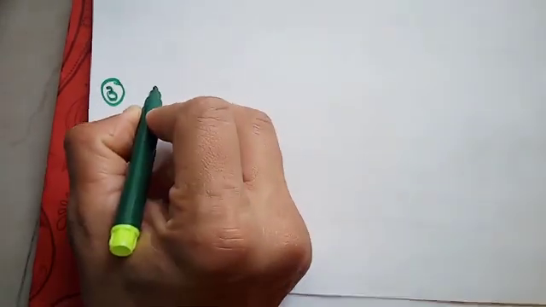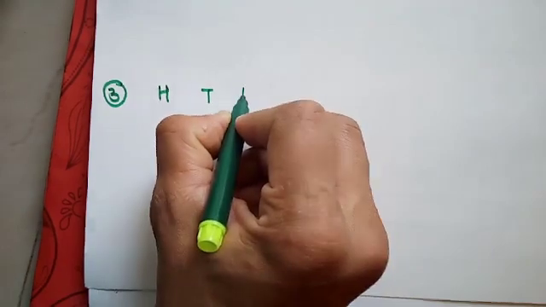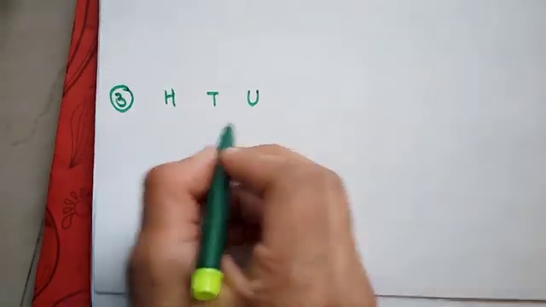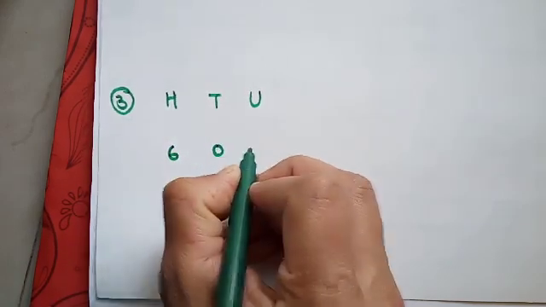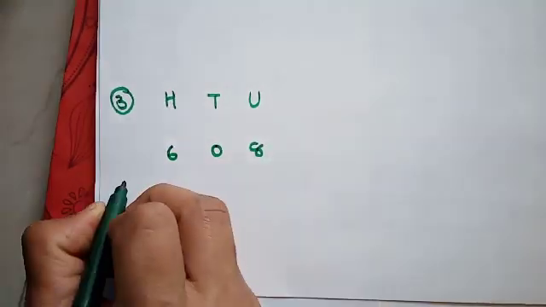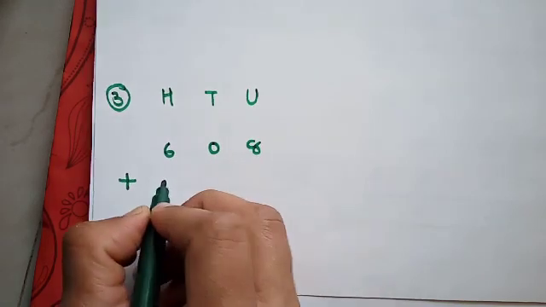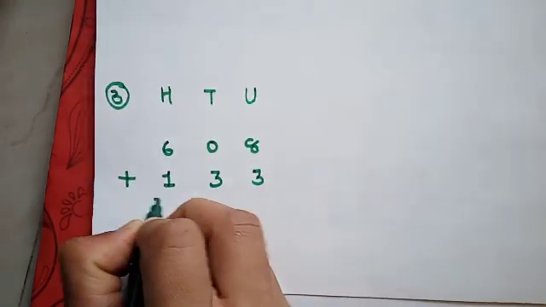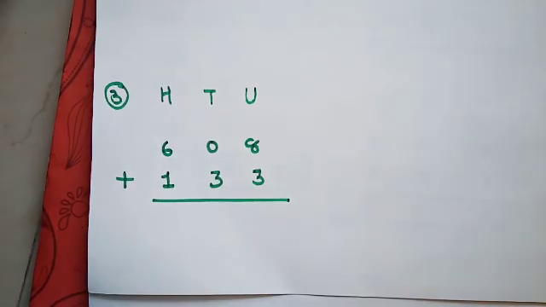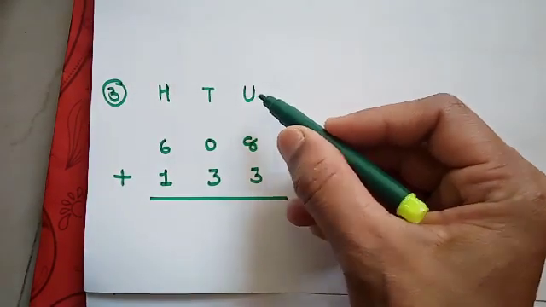Let's take the next example, that is 100 tens unit. Leave some space to put the carry. Write down here 6, 0, 8, sign of addition, that is 1, 3, 3. Now start the sum from the unit place.